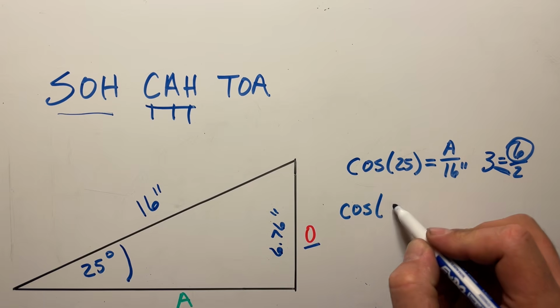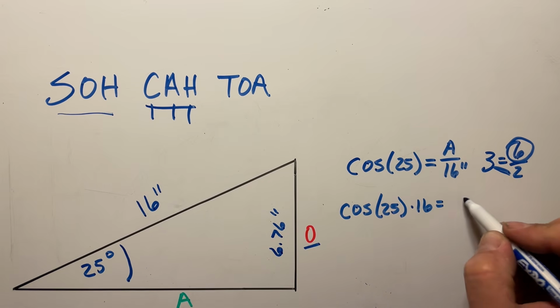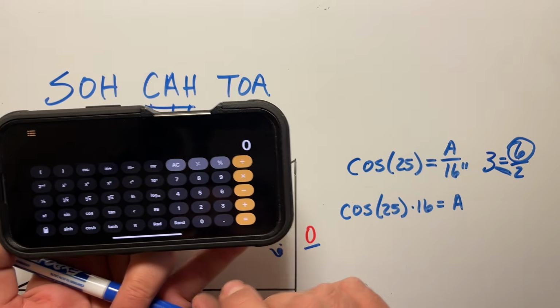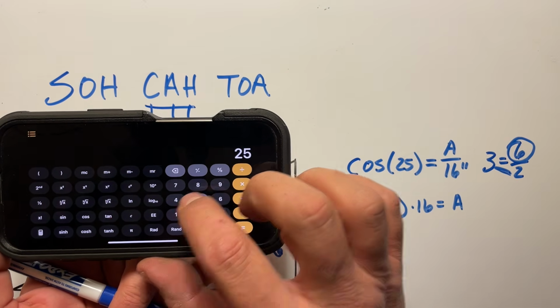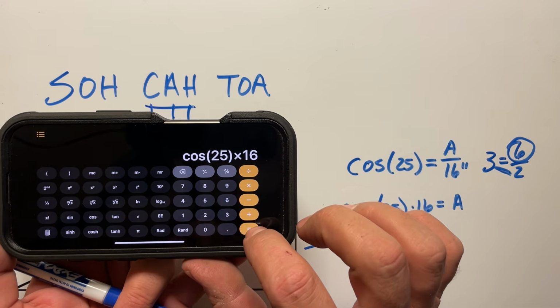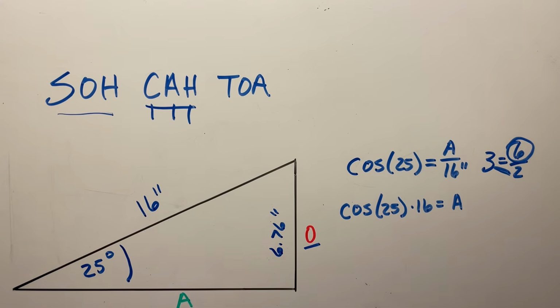So this one will be cos 25 multiplied by 16 will equal A. And we'll pull our calculator in again to get that one. So it will be 25 cosine times 16, and will get us our answer of 14.5 inches.